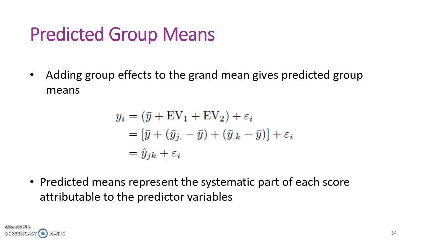By adding those group effects, those calculations of the predictor effects, the main effects, to the grand mean, we get the predicted group means. The predicted group means represent the systematic part of each score that's attributable to the predictor variables. So the predicted means are incorporating the effects of each predictor on the outcome.